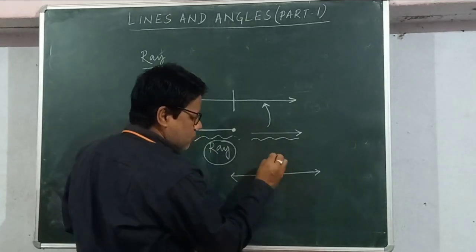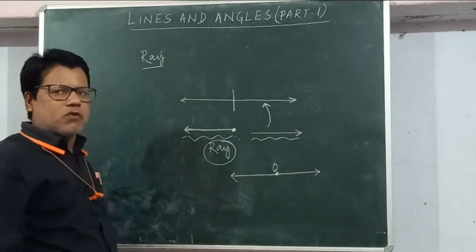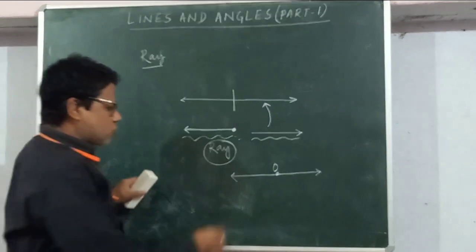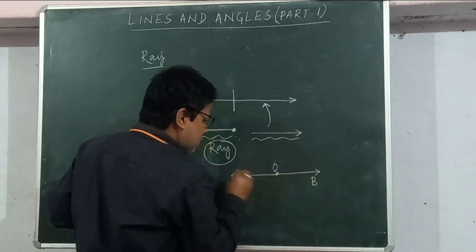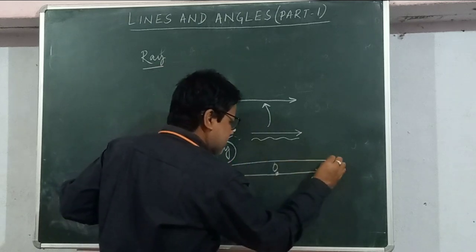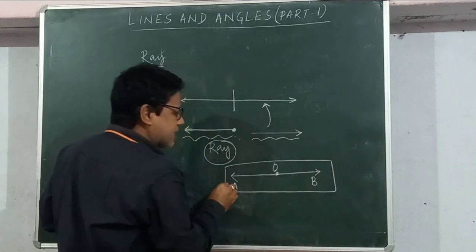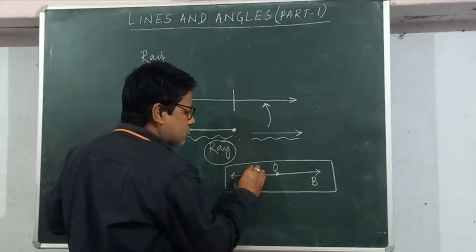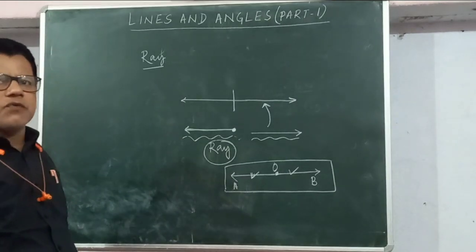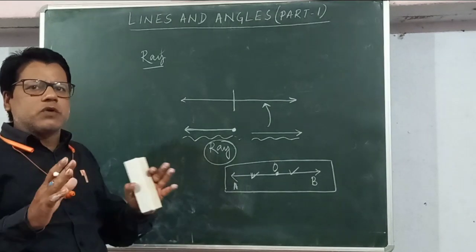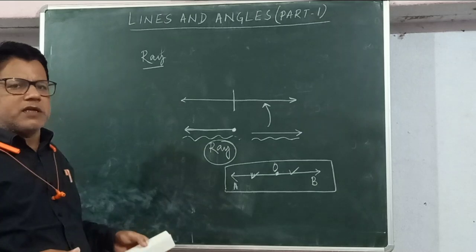O is the common vertex, the common endpoint. So OA and OB are two rays forming a straight line AB. Then the two rays are called opposite rays.